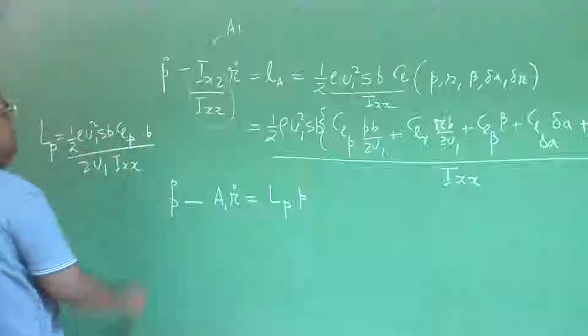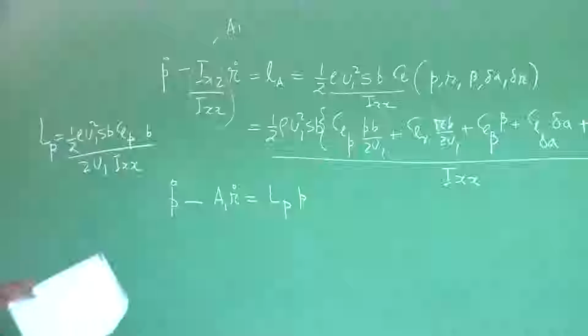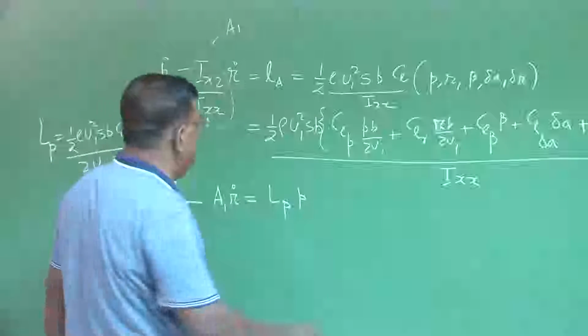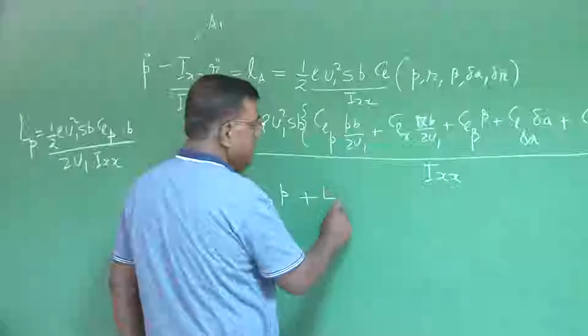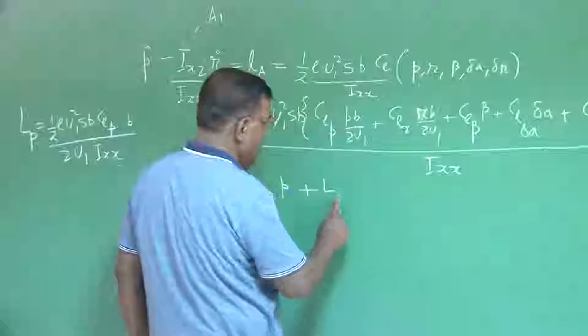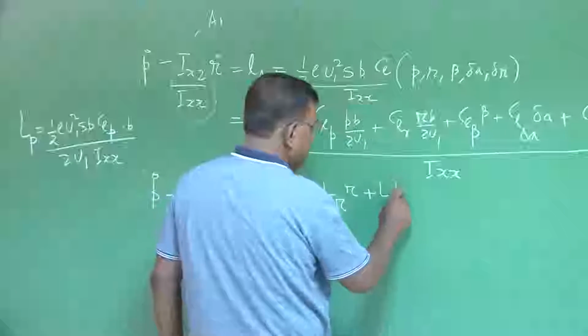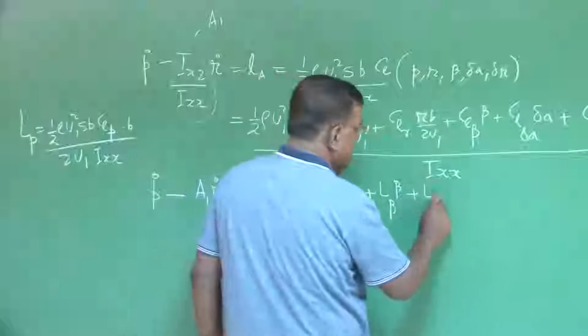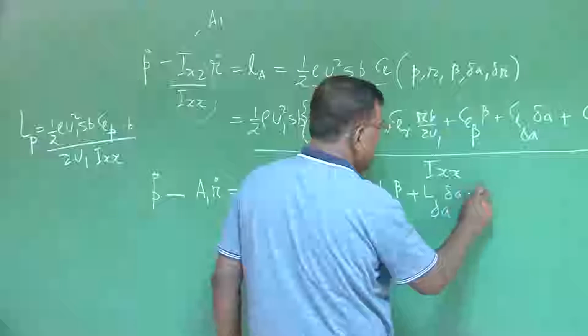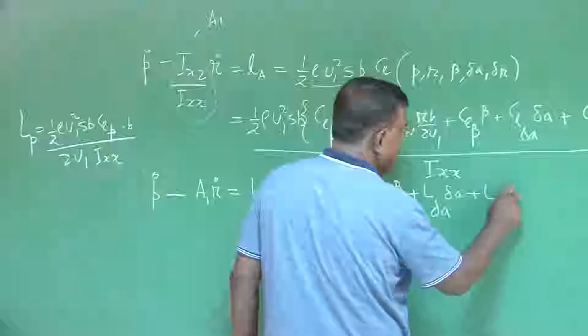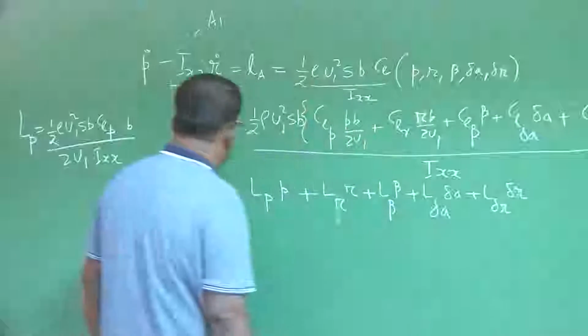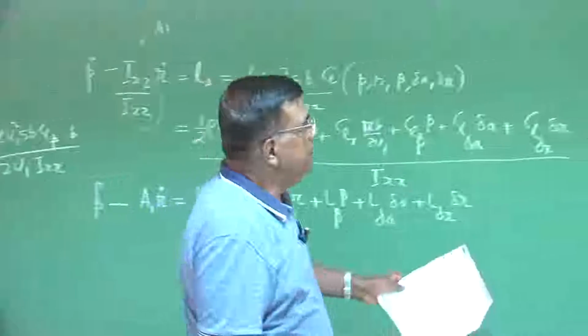So, this B into B becomes B square. That is the way you can write it in a simplified version. So, LR into R, let us say I maintain the order, plus L beta into beta plus L delta A into delta A plus L delta R into delta R. As simple as that. So, that is exactly your second equation.